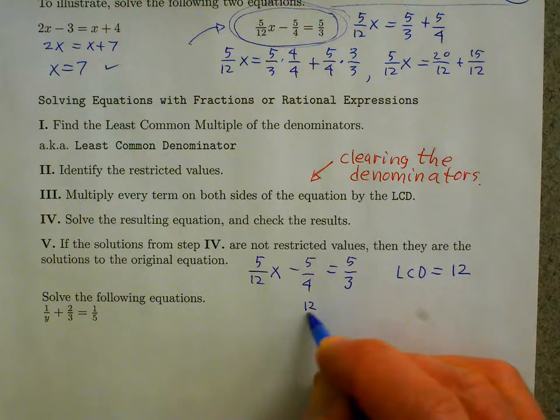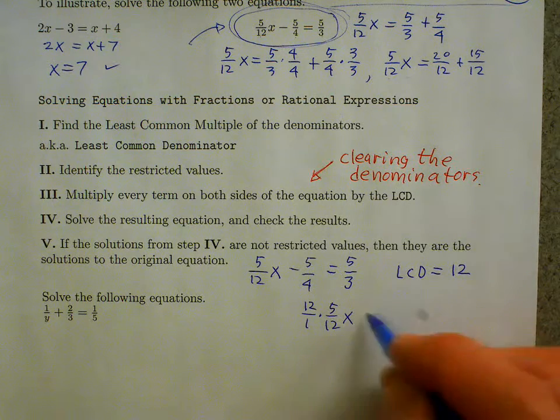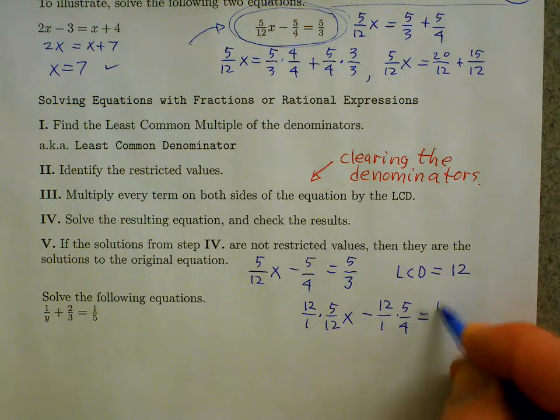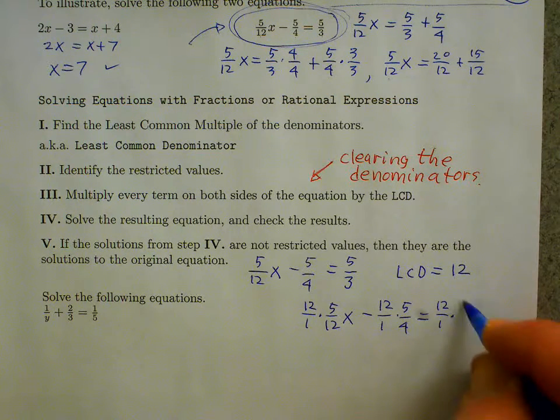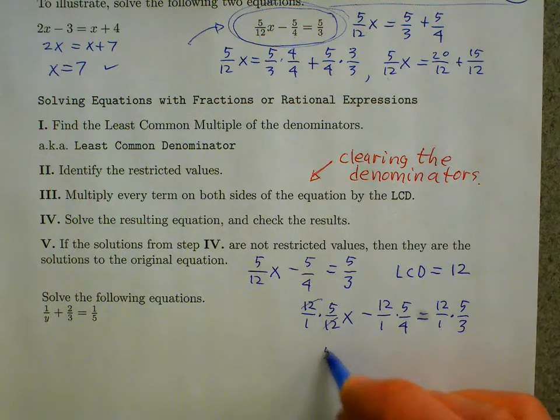So 12 over 1 times 5/12 x minus 12 over 1 times 5/4 equals 12 over 1 times 5/3. And then 12 over 1 times 5/12 x, the 12 divided by 12 equals 1, so we're left with 5x.